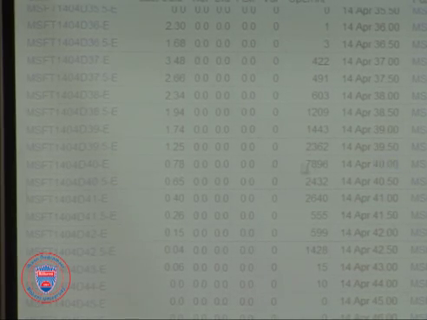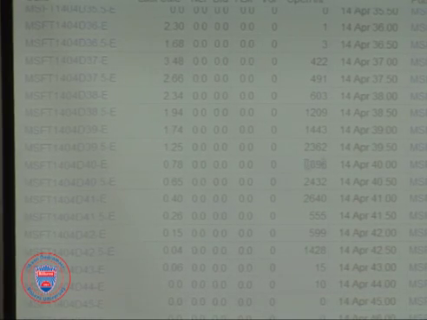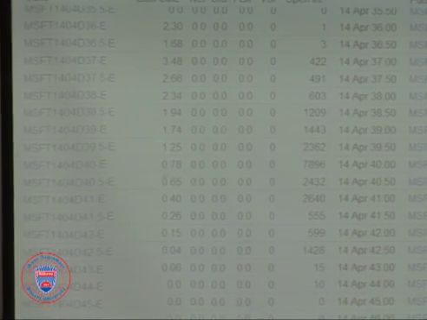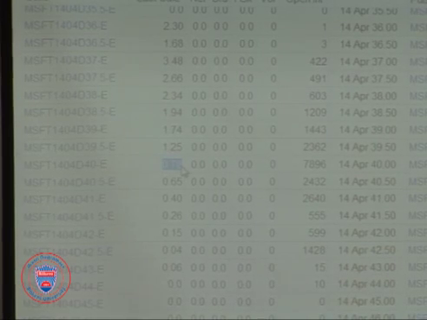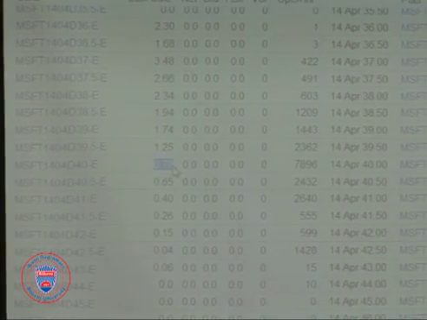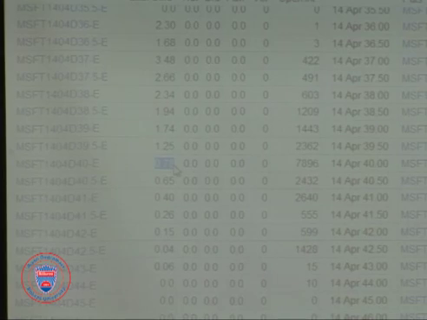This is the open interest, the available options in the market now. The last sale price was 0.78, so it means you have to pay $78 to buy this option, and it's going to expire in April.